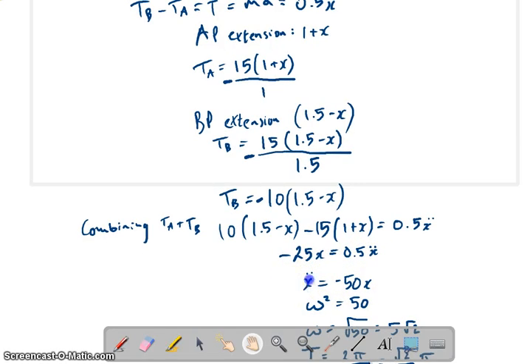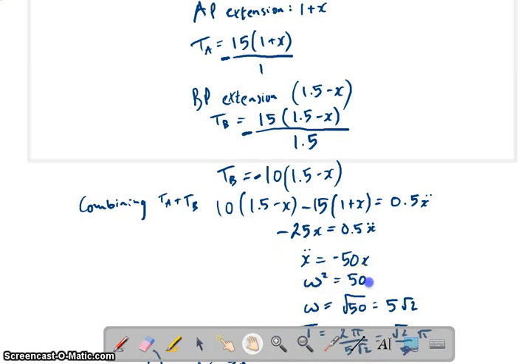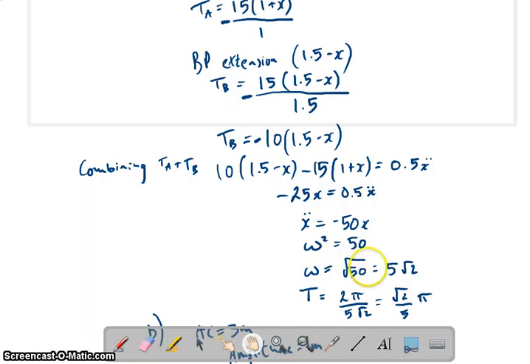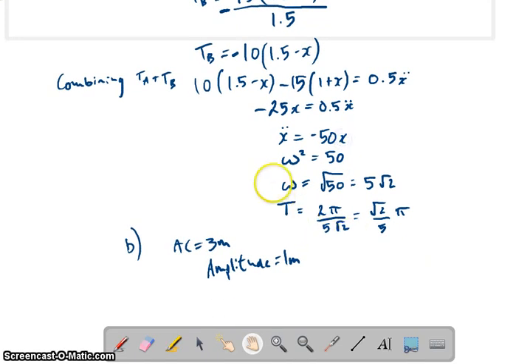So the acceleration is equal to minus 50x, so omega squared is equal to 50. So omega is root 50, which is 5 root 2. And then when we find the period, it's root 2 over 5 pi, which was what the question was asking us to find. Part B, very easy.